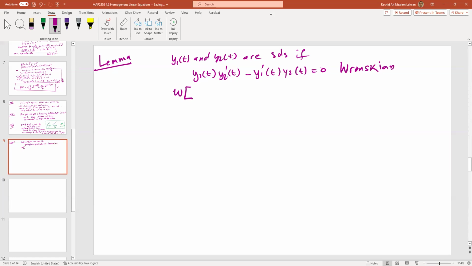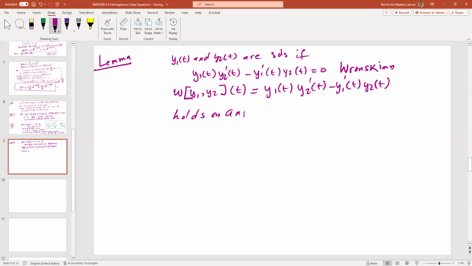The symbol will be this way, with t as the independent variable. So this Wronskian holds at any t.